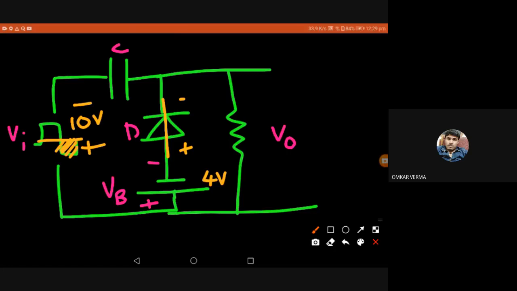The net voltage across the capacitor will be whichever is greater. Say the input is giving minus 10 on one plate, and VB is giving minus 4 on the opposite plate. So the net voltage of the capacitor will be minus here, plus here. How much? 6 volt. You getting it? The net will be 6 volt across the capacitor in this direction.